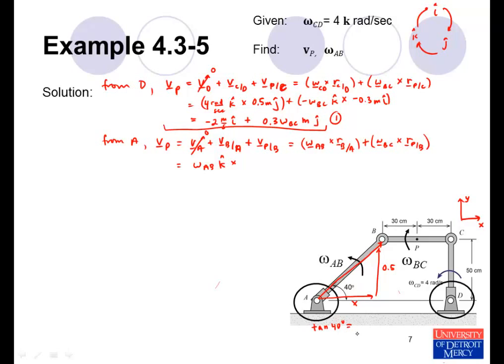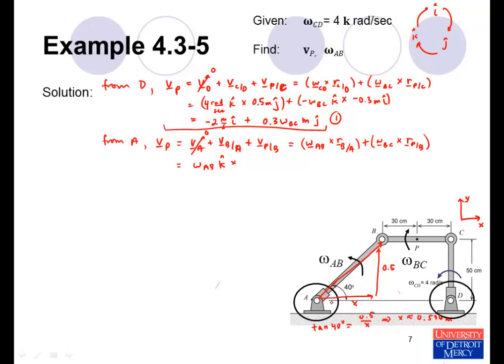Tangent of 40 degrees is equal to opposite over adjacent. We multiply the x, divide through by the tangent, and we get that x is approximately 0.596 meters.